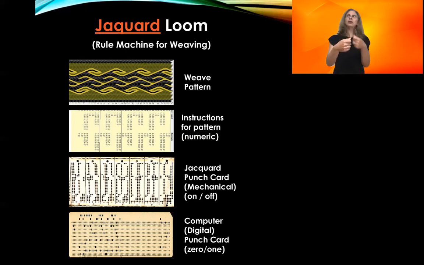But patterns are generated because you have a code where you say, all right, well, if I go back and forth 6 times, and then I have to drop a thread, and then I introduce a new thread into the pattern, and then I go another 3 lines, and then I drop another string and pick up a different string. Those are the sequence that you would follow in order to create a pattern.